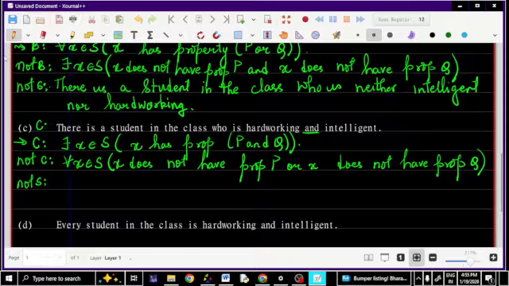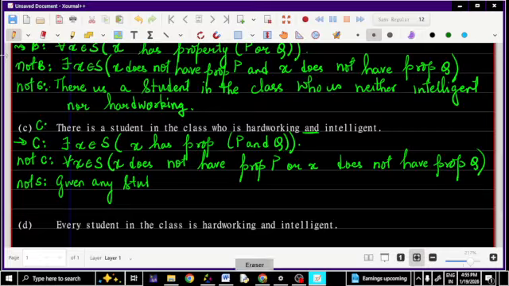So what will be the negation now? Given any student in the class, he is either not intelligent or he is not hardworking. So at least one property is being failed here. So given any student in the class, or you can say every student in the class, I can slightly change it.